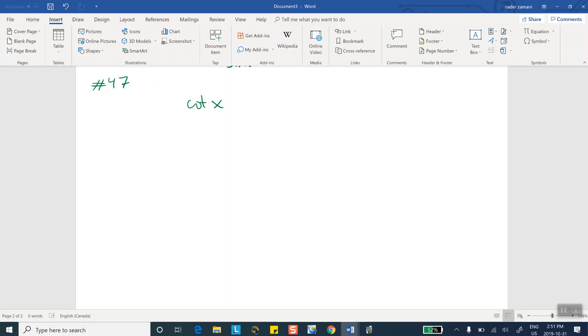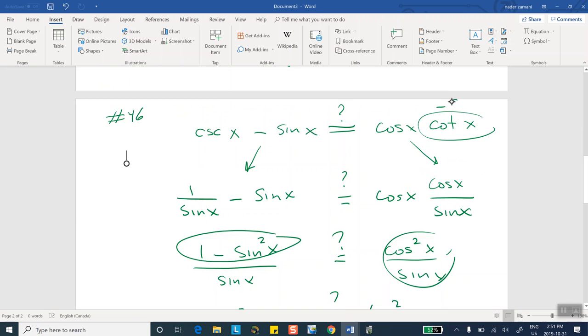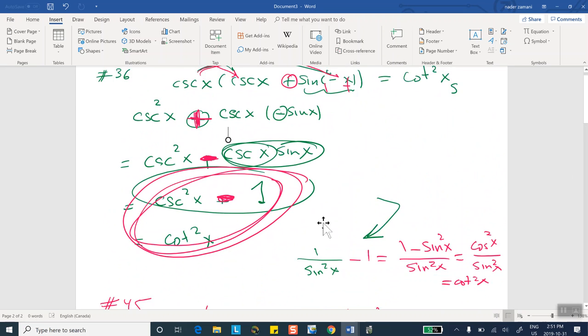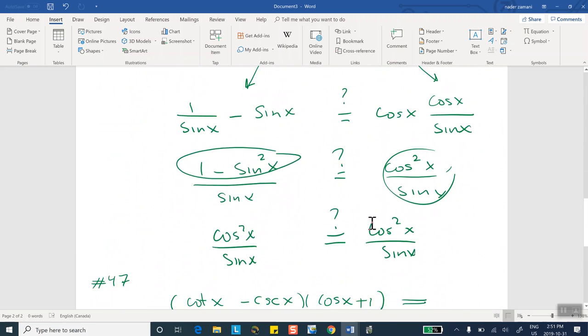Cotangent of x minus cosecant of x times cosine of x plus 1. We want to prove that it's equal to minus sine of x. Okay.